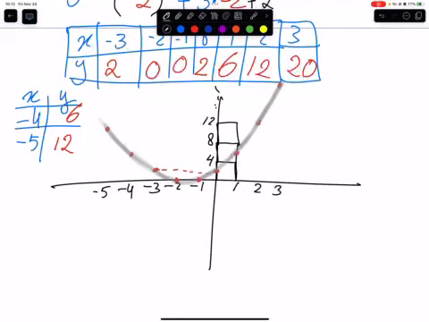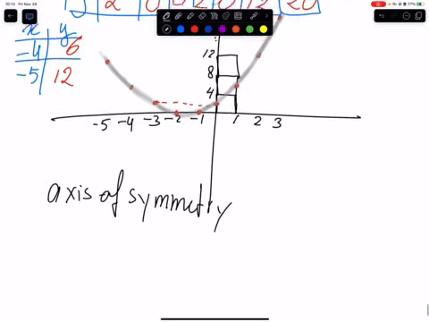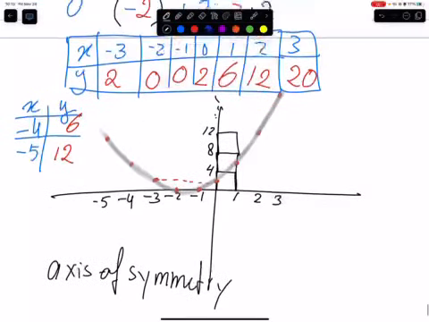We need to find the axis of symmetry. They can ask you this a lot in either paper 1 or paper 2. What is the axis of symmetry? Exactly in the middle.